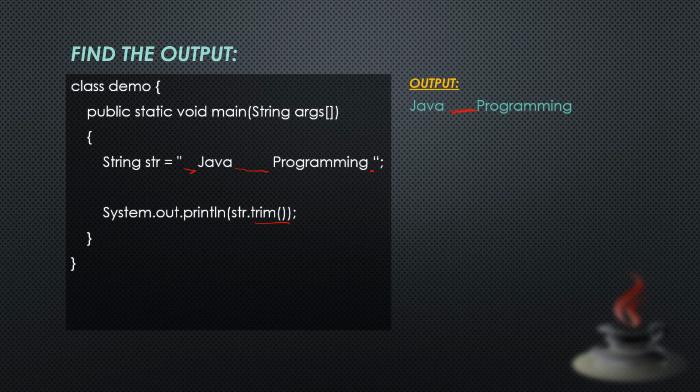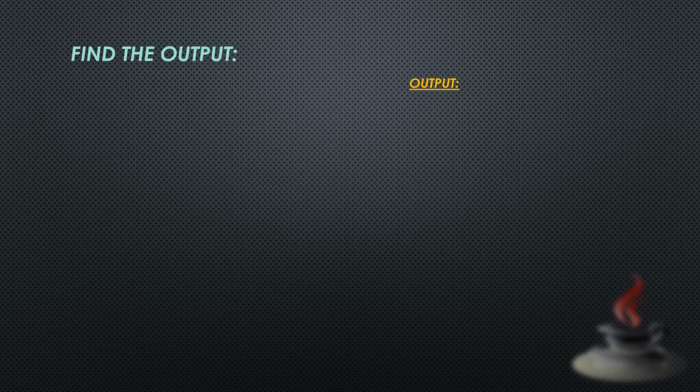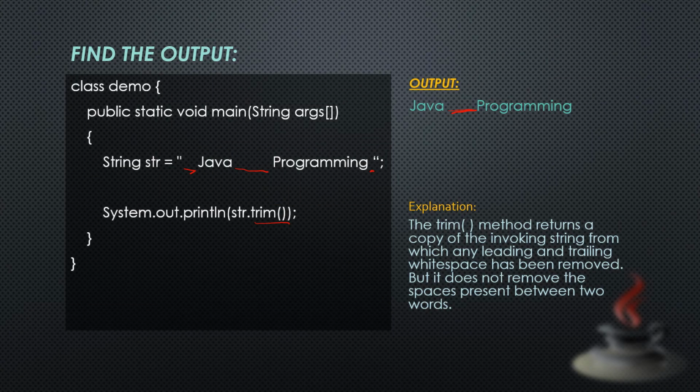Okay, the trim method only trims the first space or end space. That is, the trim method returns a copy of the invoking string from which any leading and trailing white space has been removed, but it does not remove the space present between two words, as I said earlier, that is the space between Java and programming.